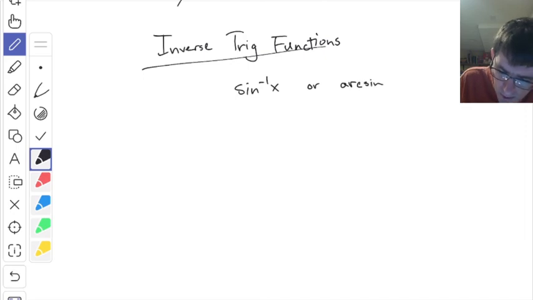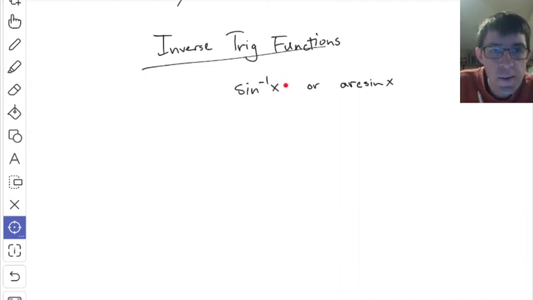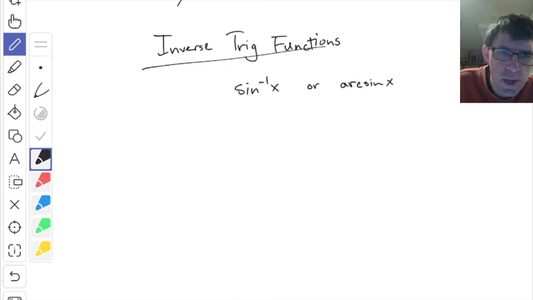Arc sine of x. These are synonyms. They are both referring to the same function. When you see this, I'm going to say inverse sine, or arc sine if you prefer. In our book, they always write it as inverse sine. It's meant to be the inverse of sine of x, although it's not quite so simple.